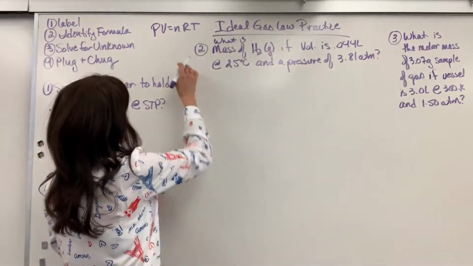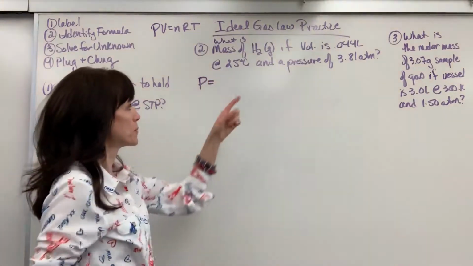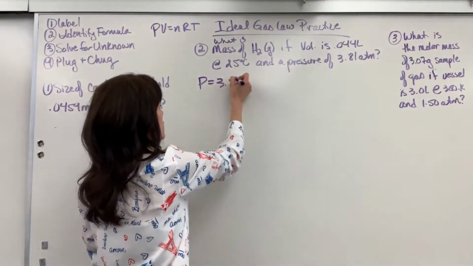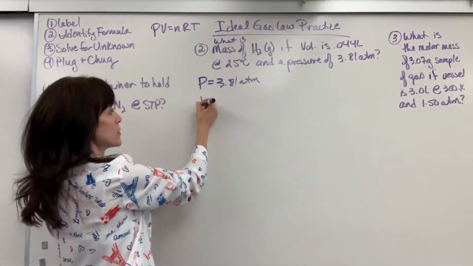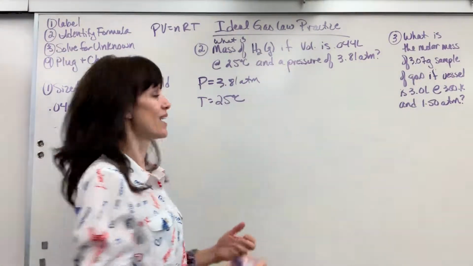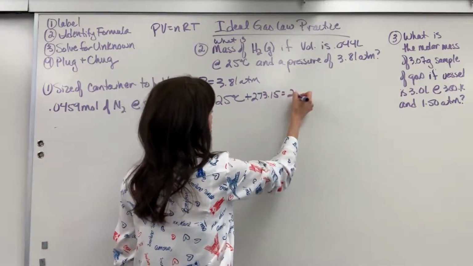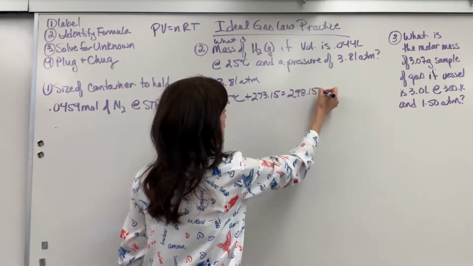So let's go ahead and label everything. First thing we always do, the pressure is 3.81 ATM, temperature 25 degrees C. Of course, we've got to bring that to Kelvin, so we do plus 273.15 equals 298.15 Kelvin.